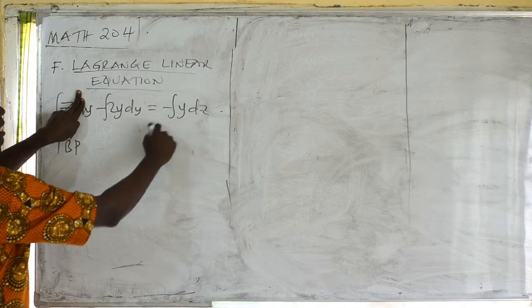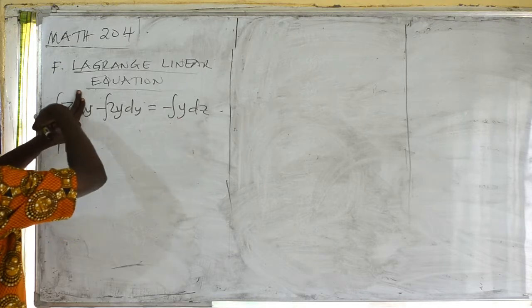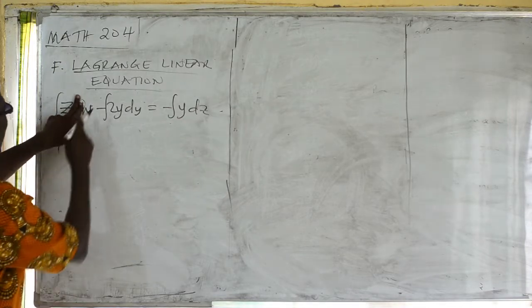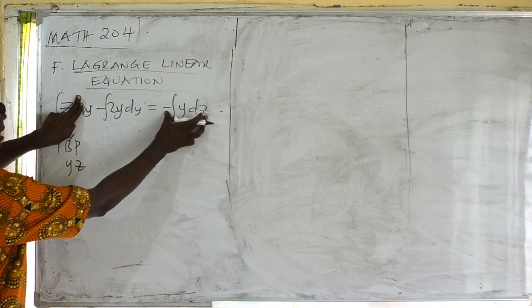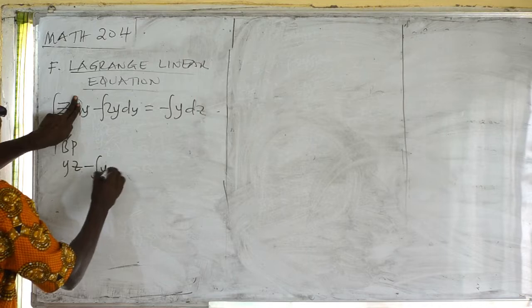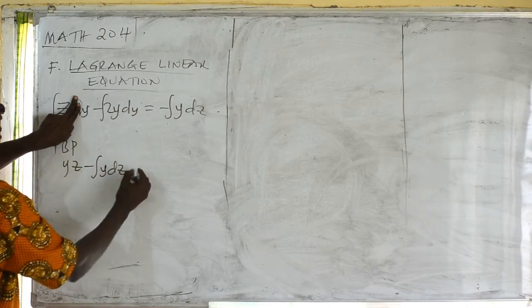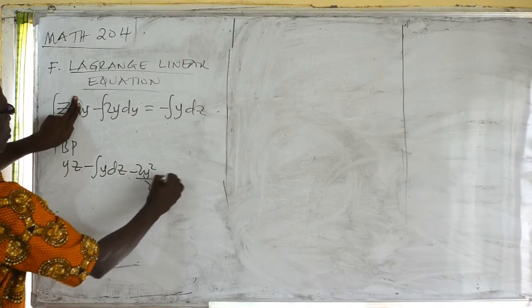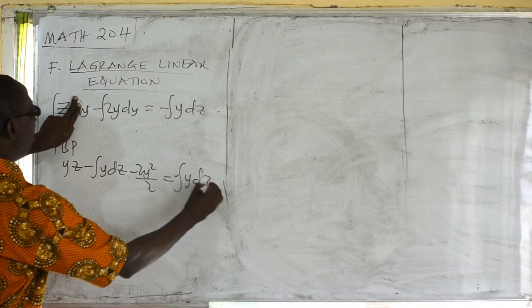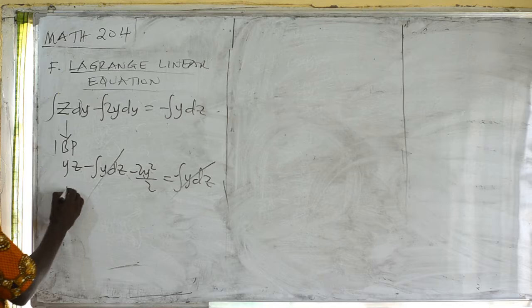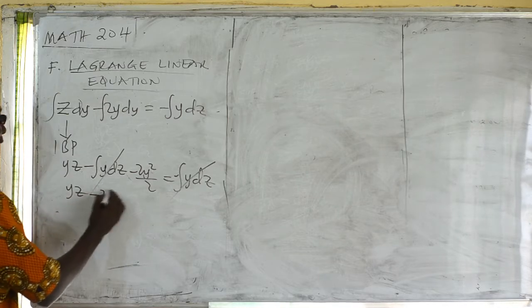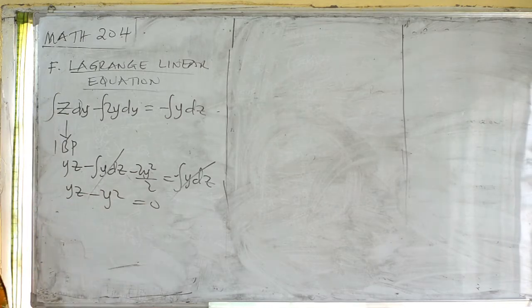Then its twin here, you repeat it as part of the answer. So I cover this. This time this gives me yz. Then in order to cancel this, I need the whole of this here again, y dz. Then when you integrate this, you get minus 2y squared over 2 is equal to minus y dz, so that this can cancel this. So we have yz minus y squared is equal to 0.